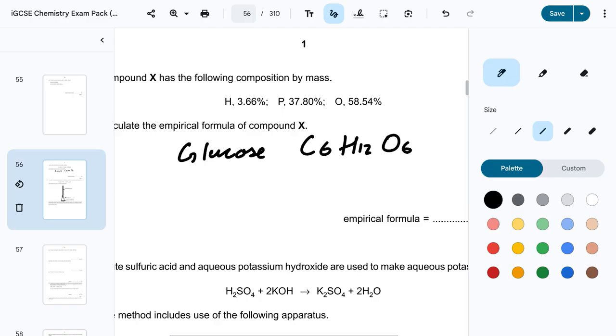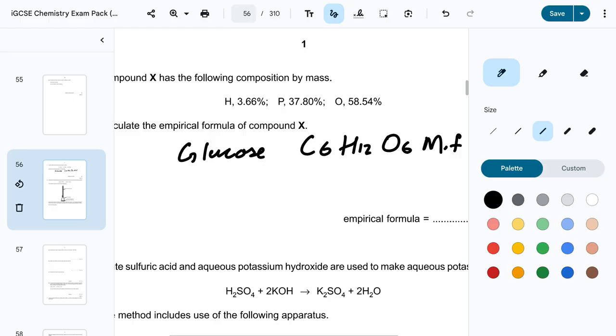There is a carbon atom, a hydrogen atom, and an oxygen atom, but the actual quantity is also given: 6 carbon atoms, 12 hydrogen atoms and 6 oxygen atoms. So basically, the molecular formula is the formula which shows you the actual type and quantity of atoms present in it.